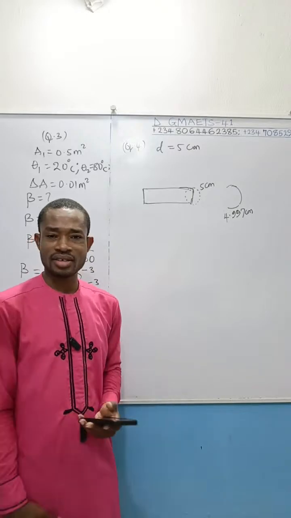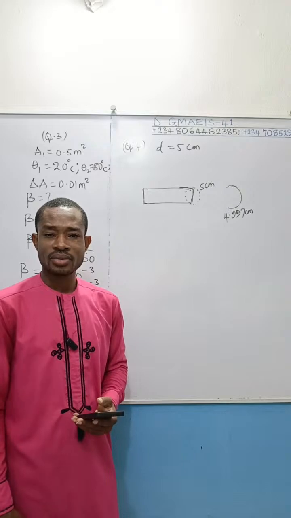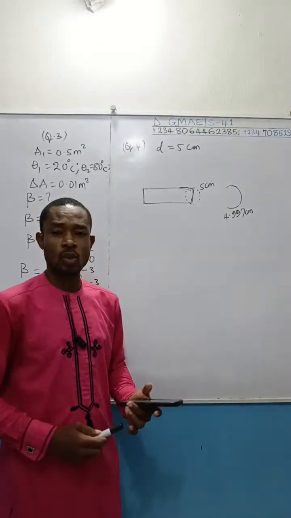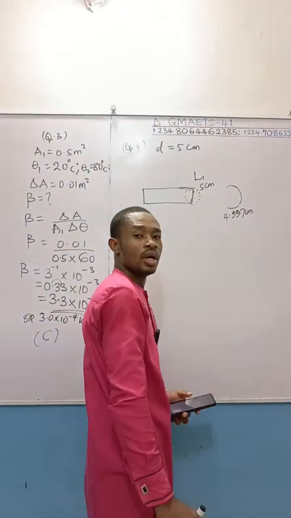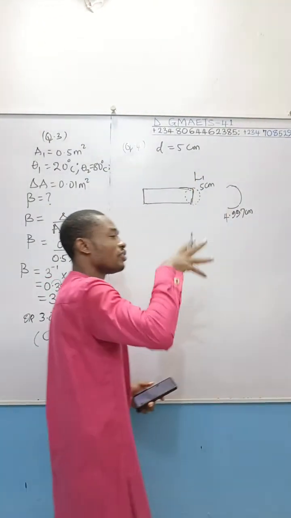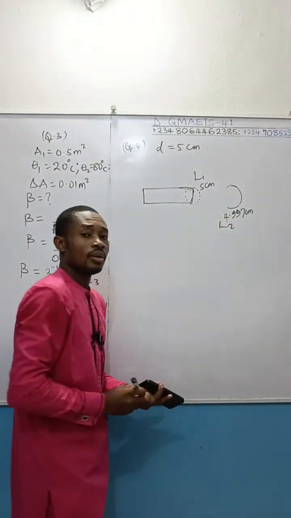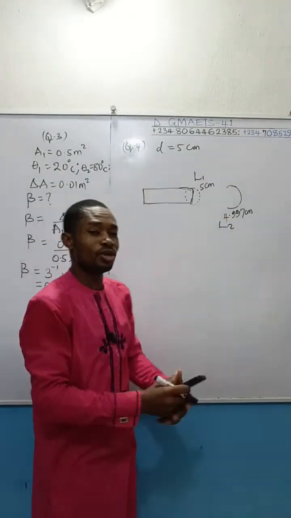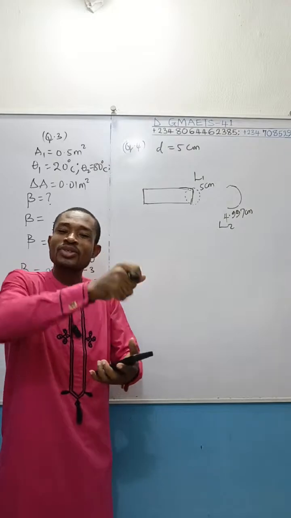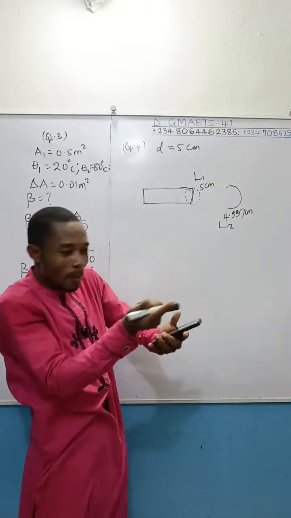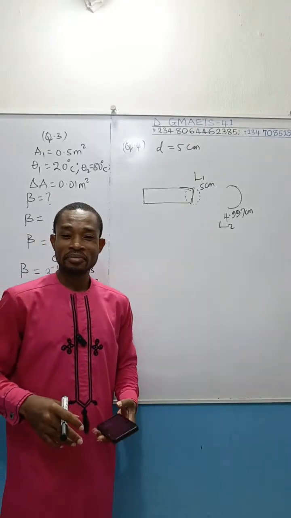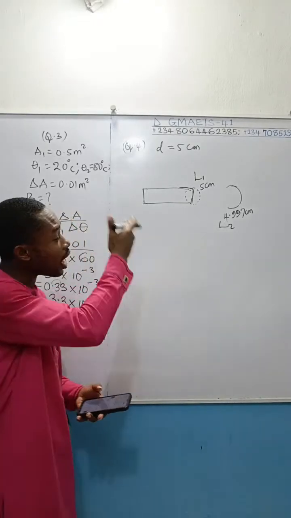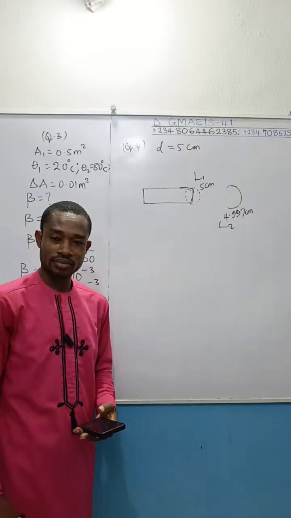The idea is simple: we are going to use this as L1 and the hole that it is going to be fitted into as L2. Sometimes you try to force something to enter a tiny space, you meander your way, and before you know, it might just fit in, because these two are almost approximately the same.